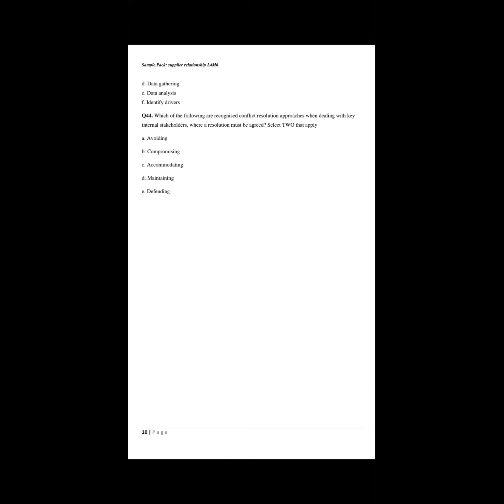So where it must be agreed, you need compromising and accommodating, because with avoiding there is no meeting. You even ignore it. Nothing like meeting to agree on anything. You just avoid the conflict. So there wouldn't even be a point where you both sit to agree on anything.